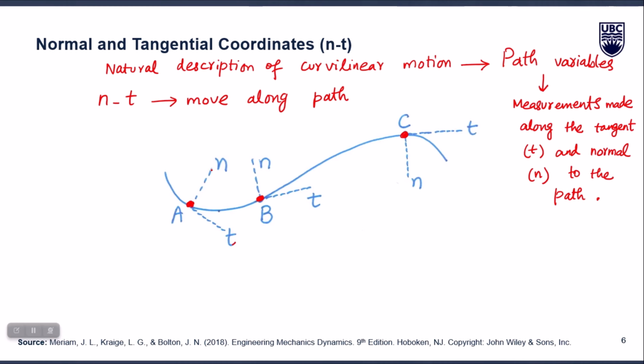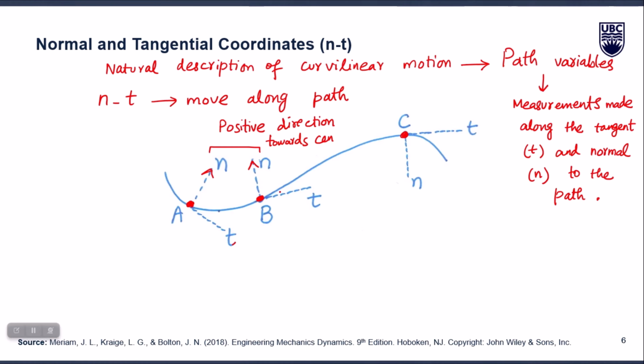So actually, these two n directions that I drew here will be positive, right? This is the positive direction for the n axis, and that will always be towards some center of curvature, which will also be changing, by the way, all the time, right?